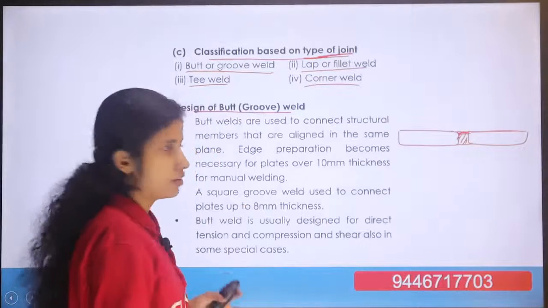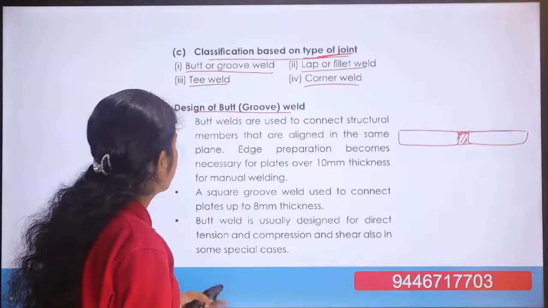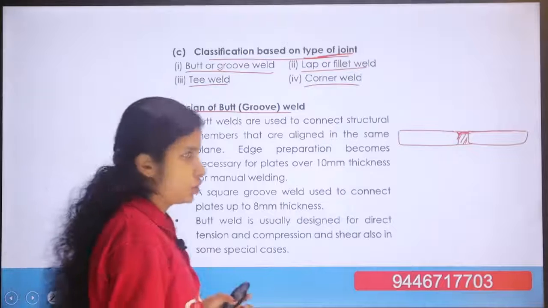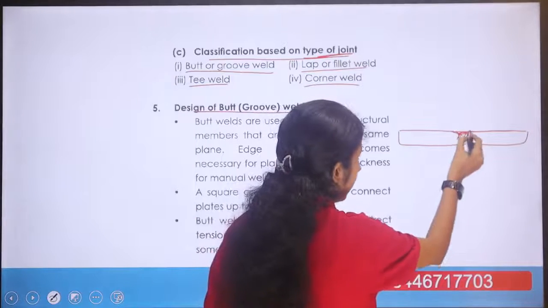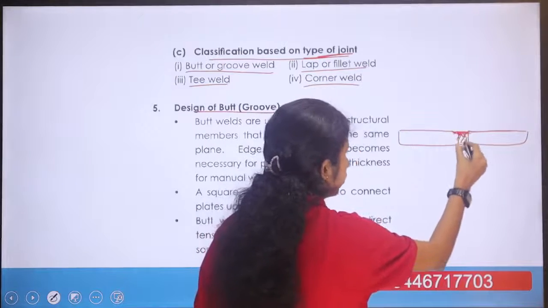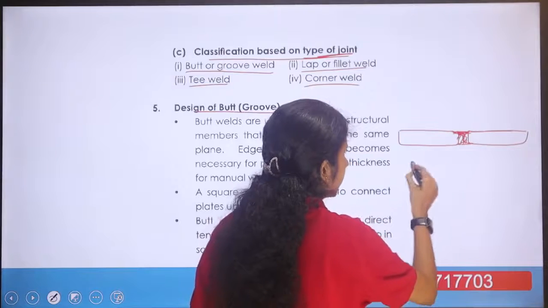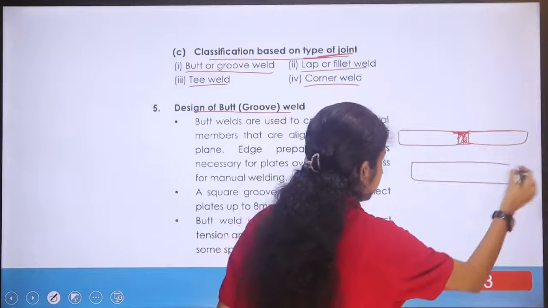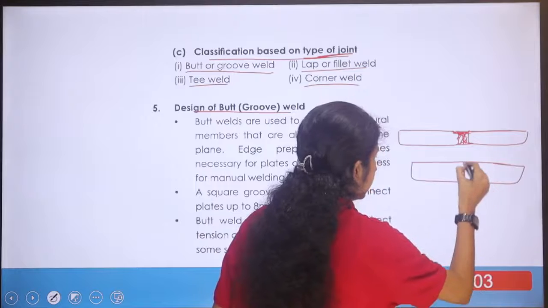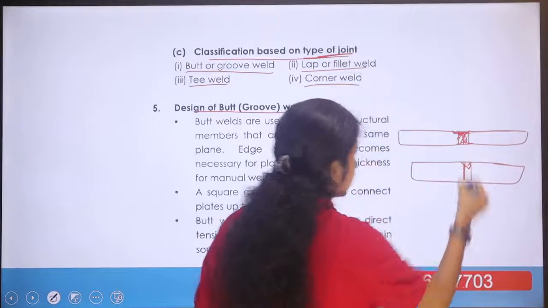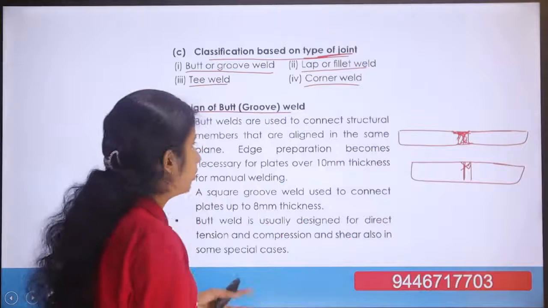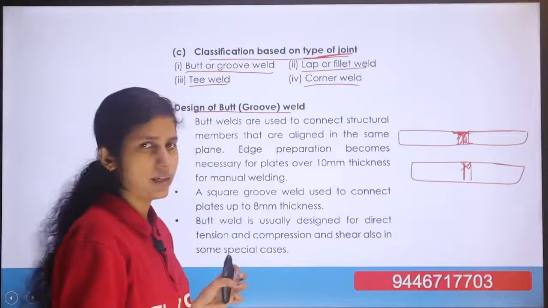Or we can use a groove section formed here, and we can fill that section with weld.